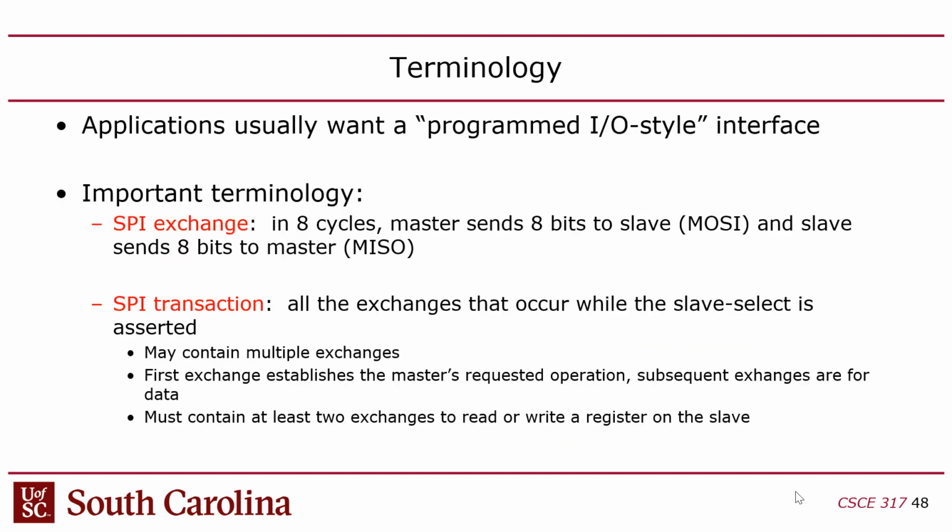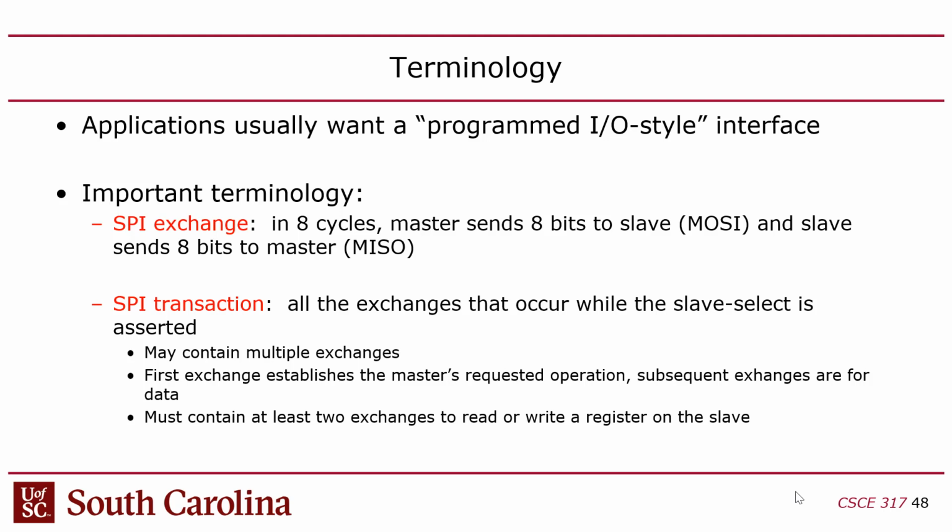So of course, we covered that in Lab 1. And then SPI doesn't really have a notion of a read or write transaction, so we had to kind of hack that on top of it. So there's this notion of an SPI exchange, which is just the exchanging of bits between the two ends.